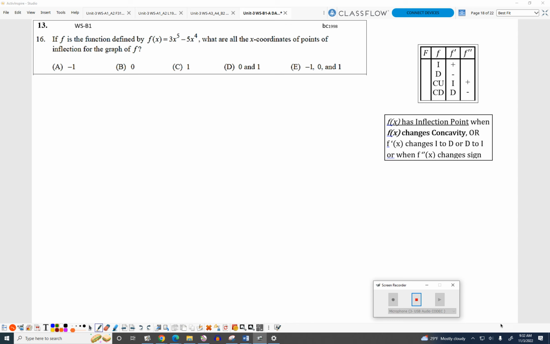Okay, for number 13, first thing I want you to do is write on your paper, not the packet, of course, write the following sentence on your paper.